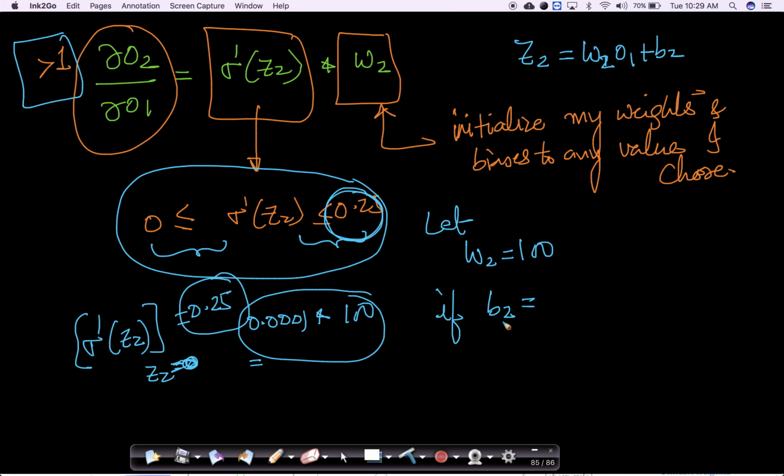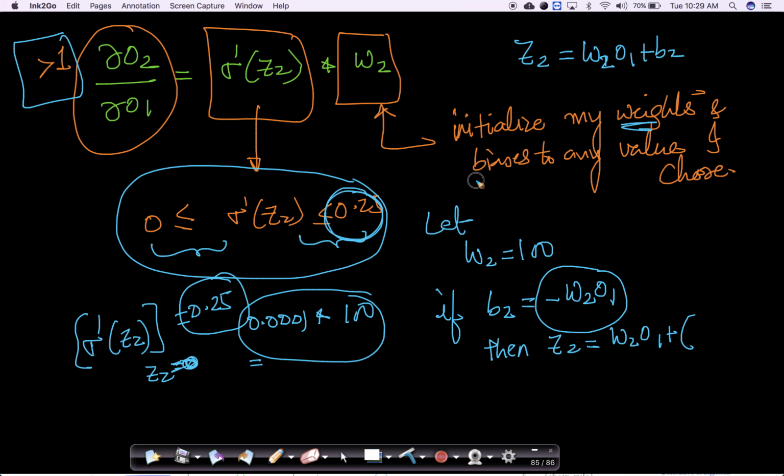Now, if I make my B2 equivalent to minus W2O1, then what is my Z2? My Z2 equals W2O1 plus B2. Because I can initialize both my weights and biases to any value I want, right?